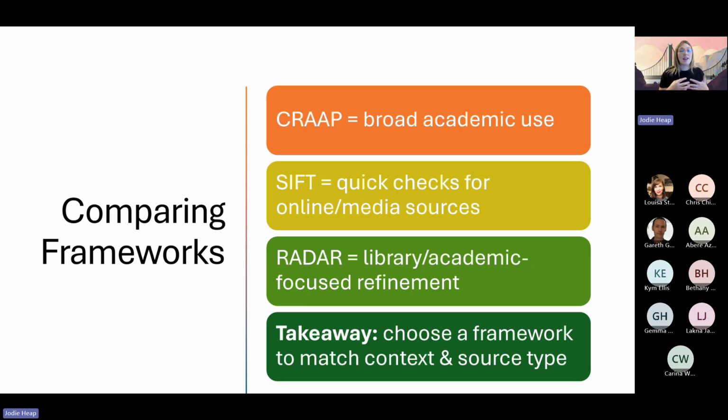Okay, so the main thing really when we're discussing evaluation frameworks is there are lots of different frameworks, and they are really useful to helping us start to consider how we might evaluate a particular piece of information if this is something that we've not really thought about before. So, you know, we might have an awareness of how we approach thinking critically.